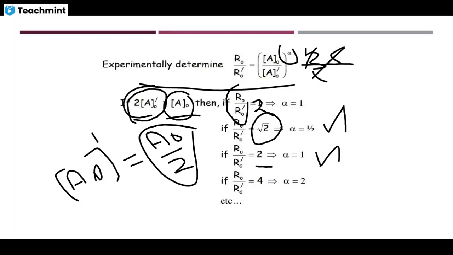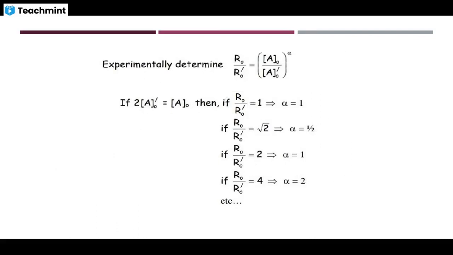Then if you get 4, that means alpha equals 2. Here the mistake was that I put 2 A naught dash divided by A naught dash, then the A naught dash cancels out and you get 2 power alpha.